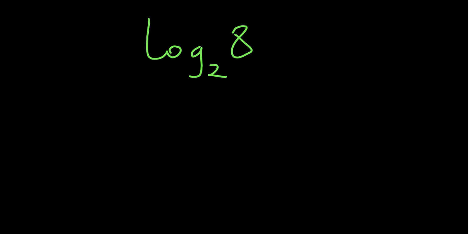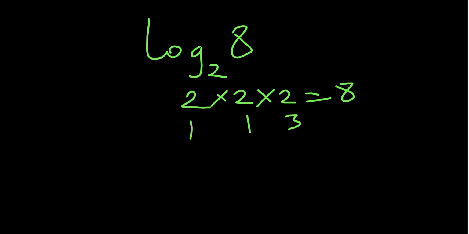What this means is simply how many times can 2 multiply itself to give you 8. So you can have 2 times 2 times 2, which is 2 multiplying itself 3 times to give you 8. So 2 raised to power 3 is equal to 8.